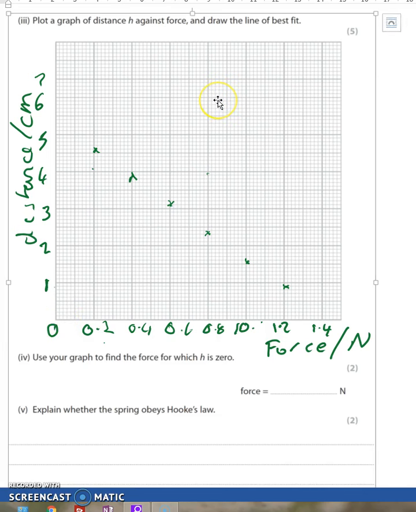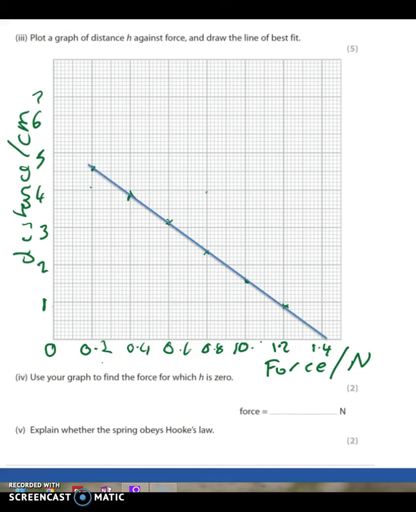Right, so the next thing you need to add is a line of best fit. This needs to be drawn with a ruler, and it needs to be a straight continuous line. So I'm going to put on a straight line, and I'll do that next. Right, I've now drawn in my line of best fit, and now you can see why I put crosses on.